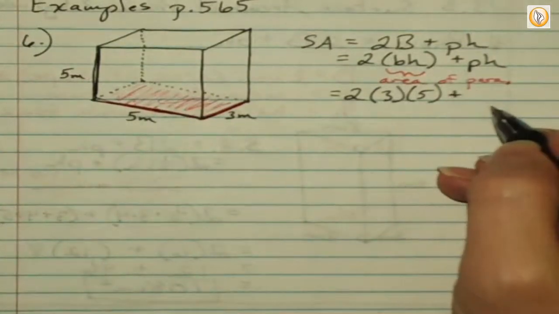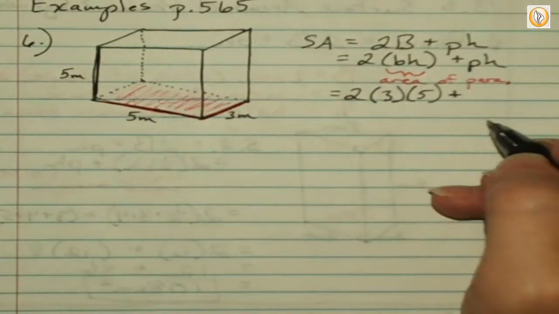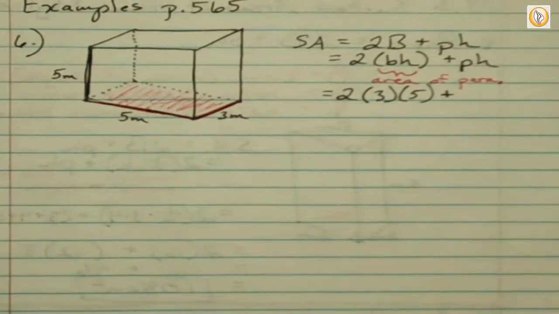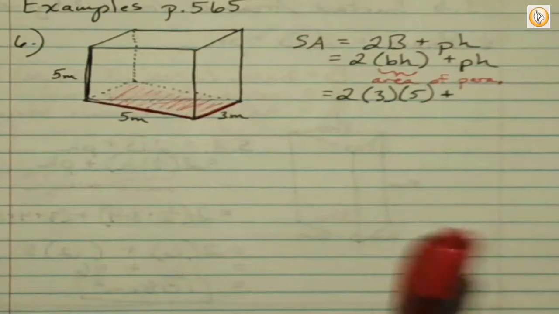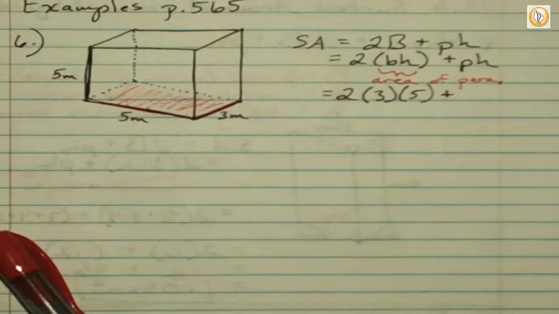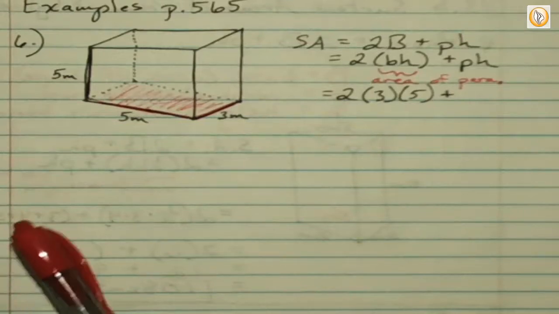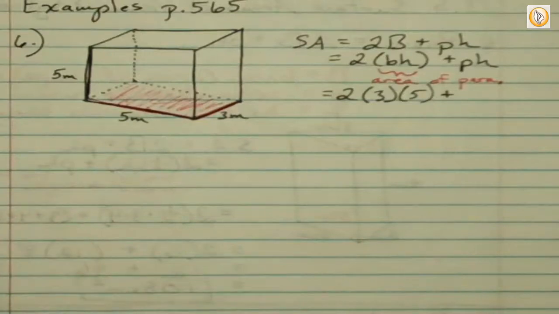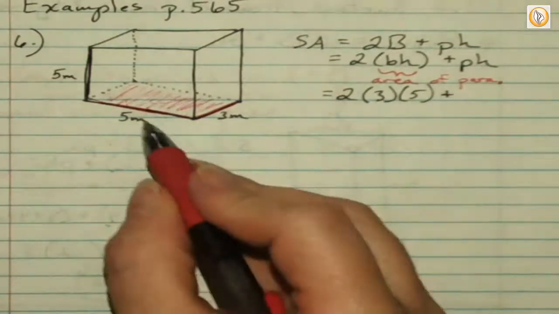And then perimeter. What is the perimeter, Cecilia? How do we figure out perimeter of the base? What are we going to add up? Just 3 and 5?